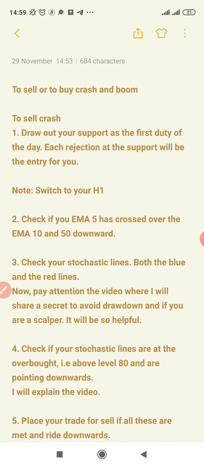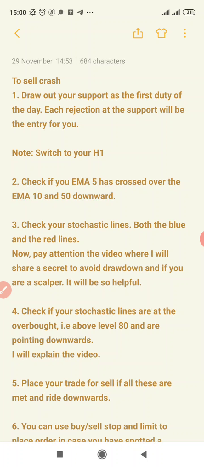Number one, you open your chart and draw out your support. That's your first duty for the day. Why? Because each rejection at that support will be the entry for you. You are going to enter at each rejection, because at that support there will always be a rejection.